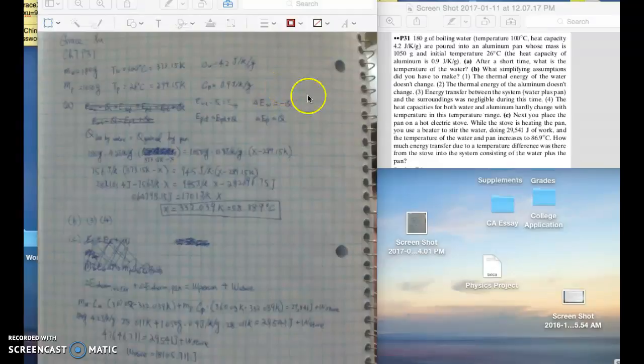For A, at first I considered the water and the aluminum pan as two things because they have different masses, temperature, and heat capacity. And I realized that the heat goes from the water into the pan.